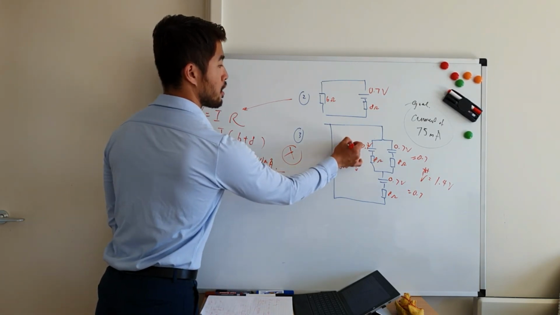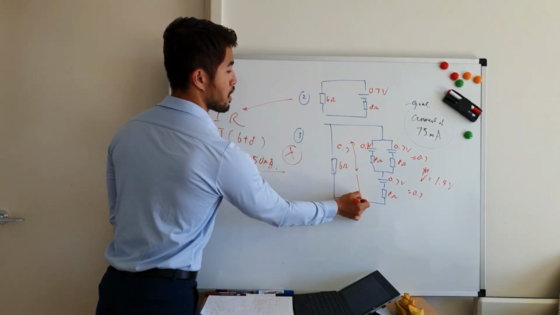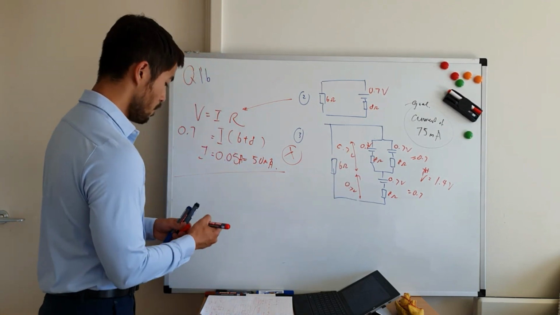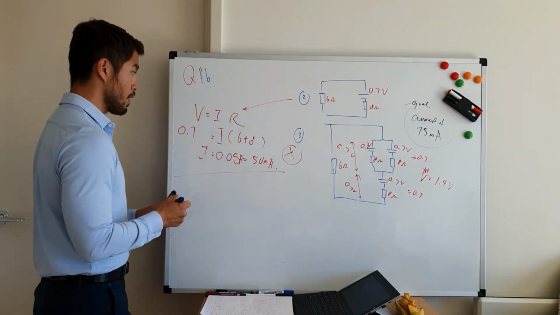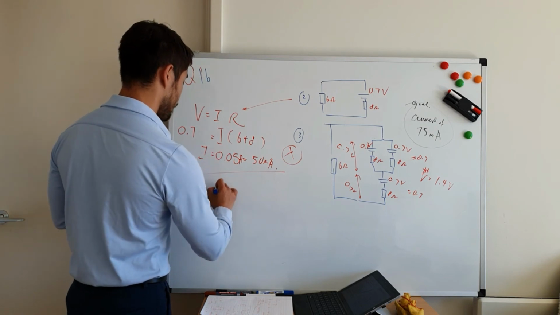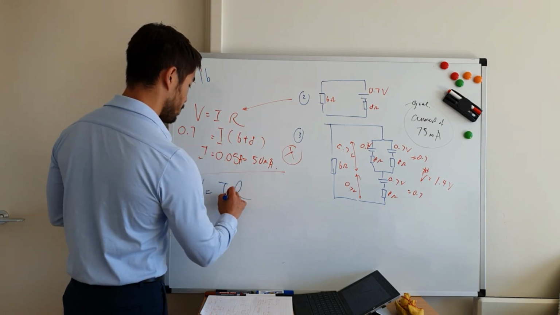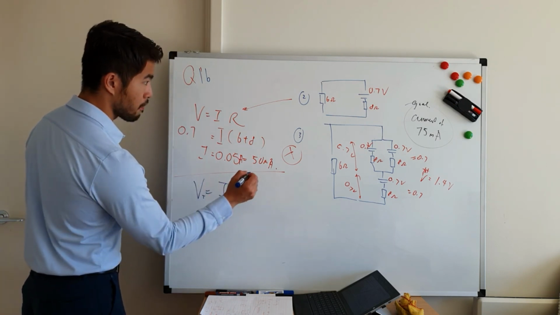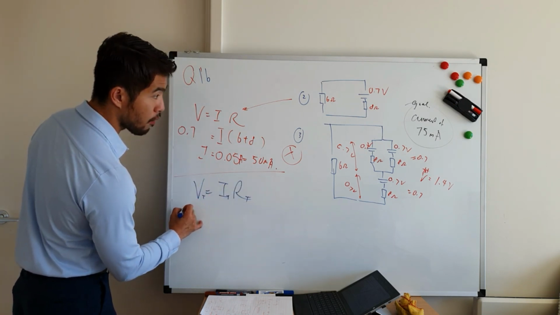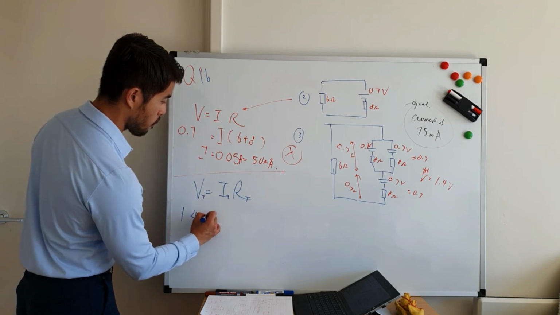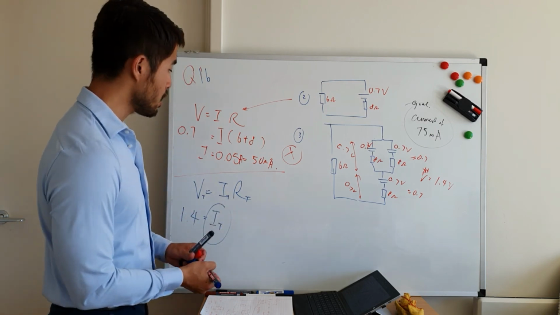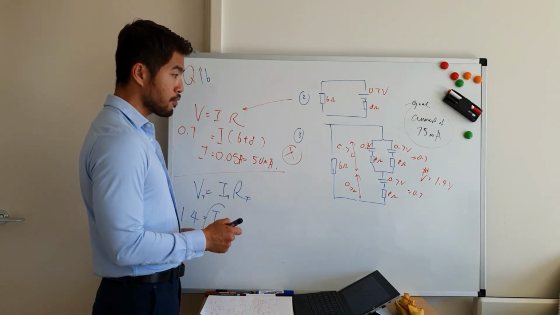So we know that V equals IR. V total is going to be 1.4, and I total is what we're trying to find. So what is R total?